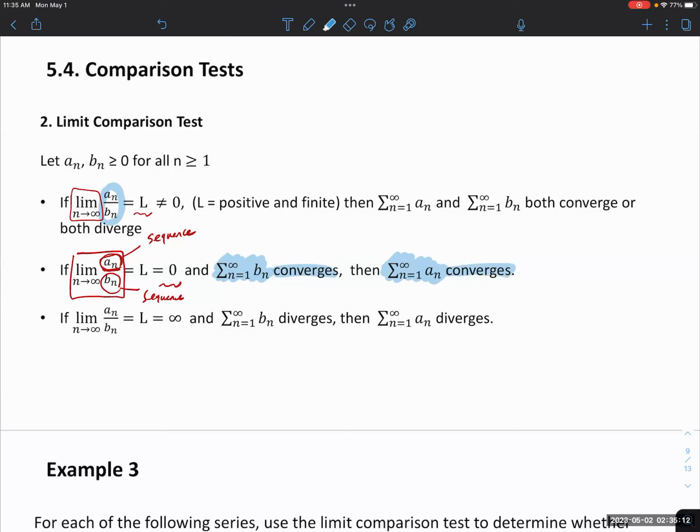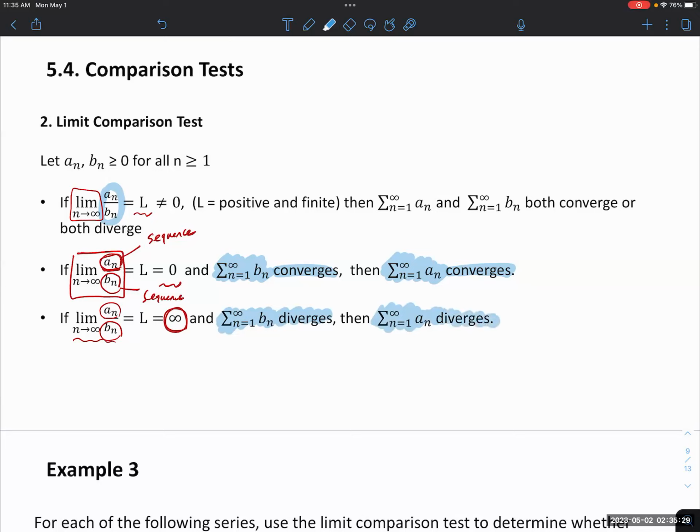That's a theorem. In other words, when you divide an over bn and evaluate the limit and it goes to infinity, that implies that the series of bn and an are both going to be divergence.